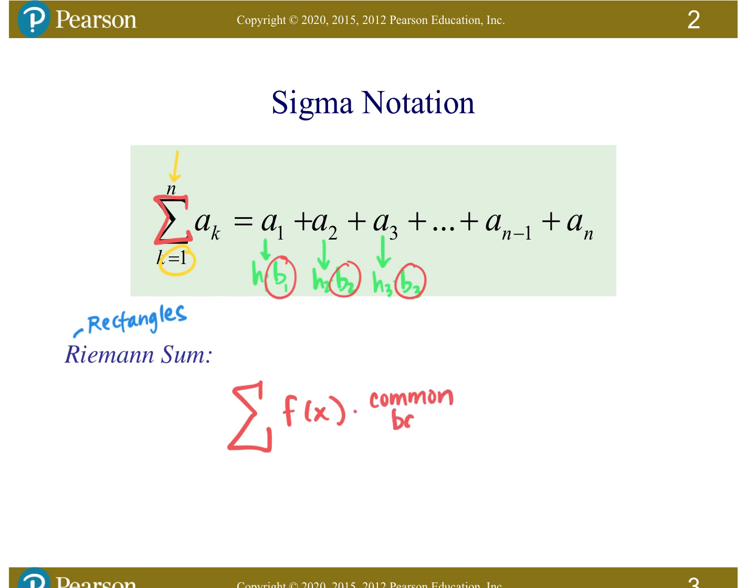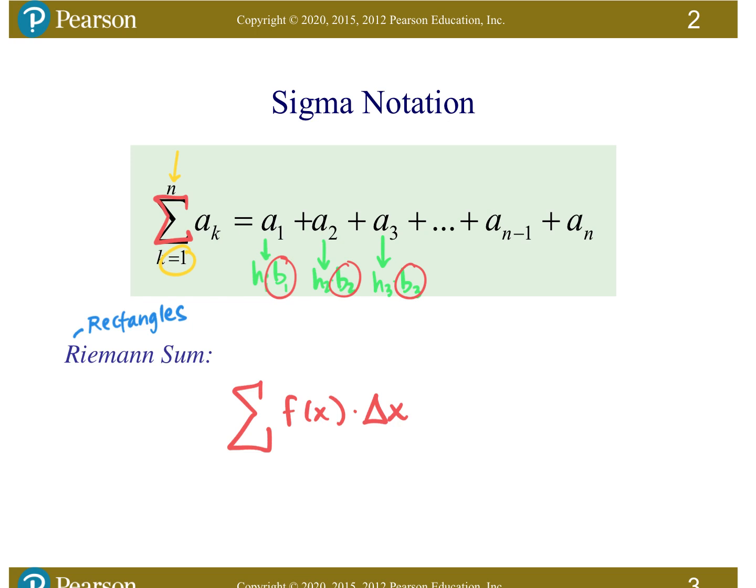That common base is delta x. So we use the Greek. Okay, we've got sigma, and then we have delta x. That's consistent, the delta x, every single time.